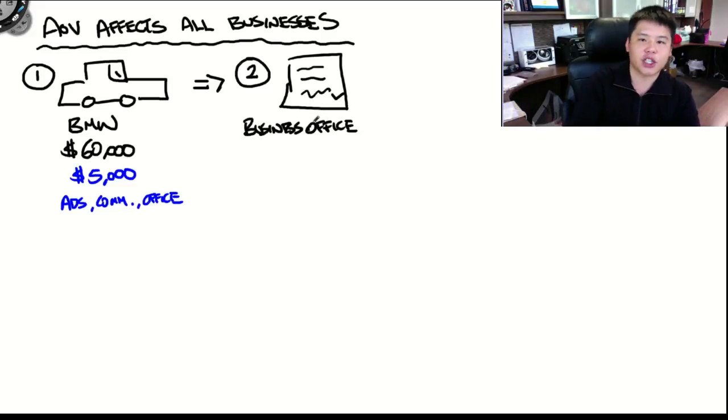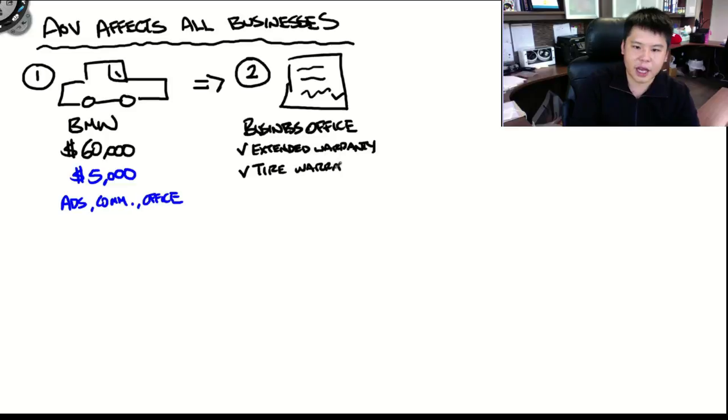But where dealers start making a lot more profit is selling you an extended warranty. Okay, extended warranty. They also sell you a tire warranty. They sell you a service warranty. All these little things really start to add up.